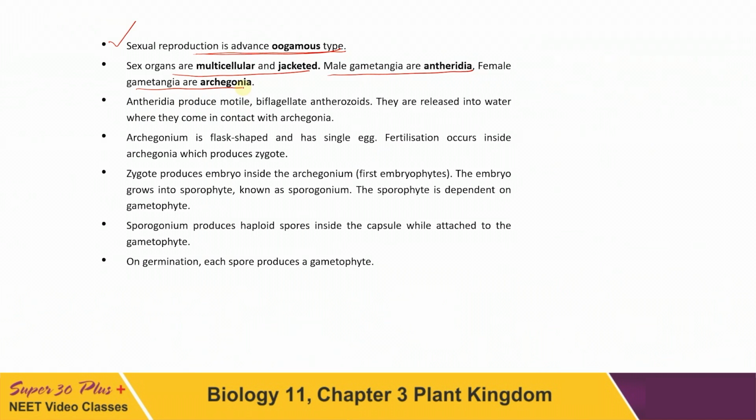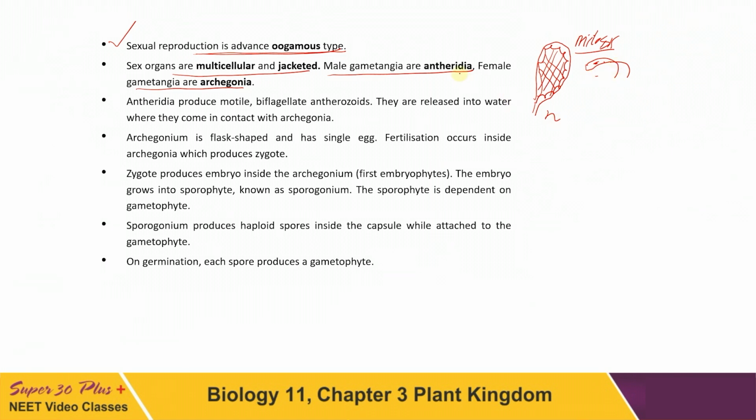You see, children, in bryophytes, this is the so-called male reproductive organ, which is multicellular. It has a jacket, and it is a club-shaped structure. It is formed on the gametophyte, having n number of chromosomes. It has cells inside which divide simply by mitosis, and as a result the male gamete is formed, which is biflagellated, known as antherozoid.